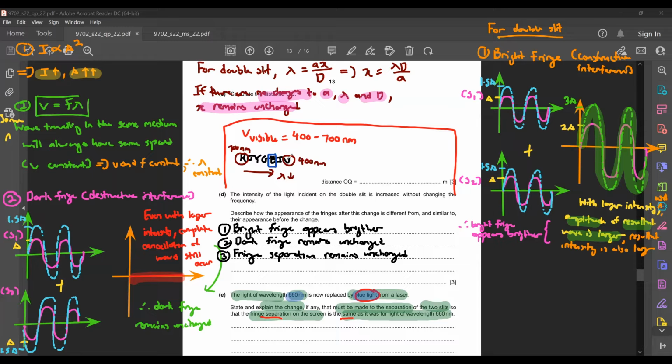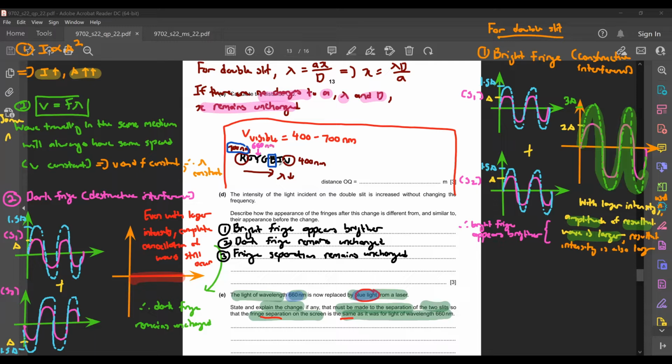Okay. So the question here now is, is the blue light wavelength going to be larger or smaller than the 660 nanometer? So common sense would tell you it's going to be smaller, because red light is already 700 nanometer. If you're talking about 660 nanometer, it's very close to 700 nanometer, right? So it's probably somewhere around here.